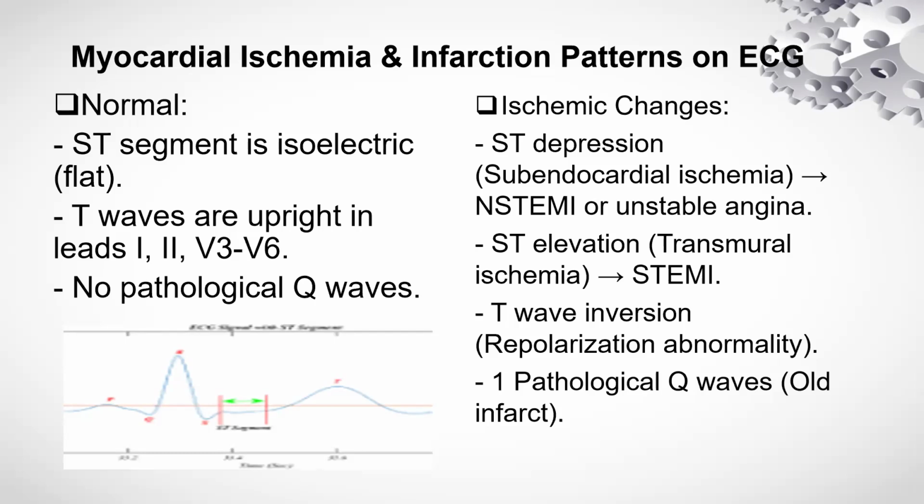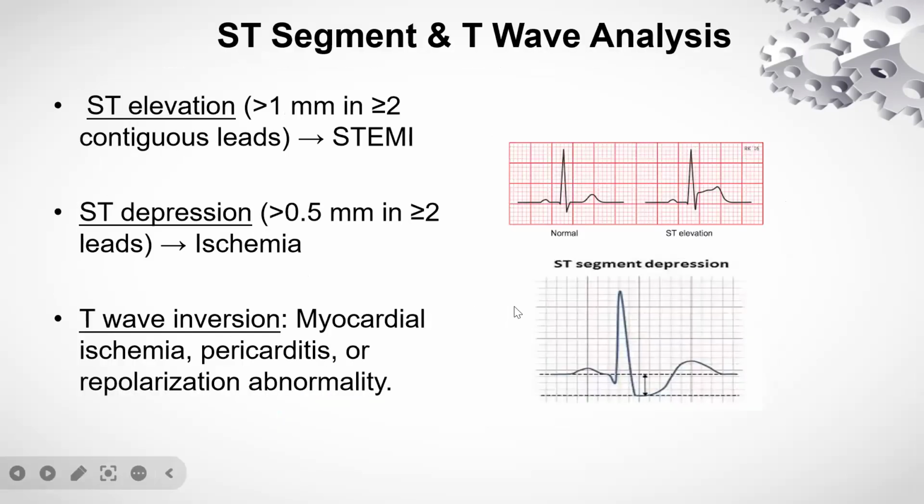This is ST depression. When you see ST elevation, it's usually more than one small square in 2 contiguous leads, maybe your lead 2 or V5.